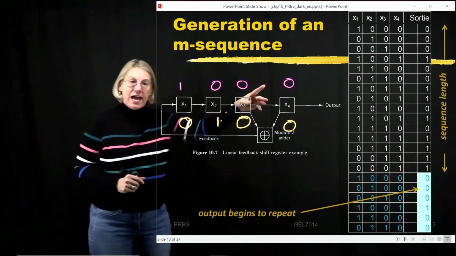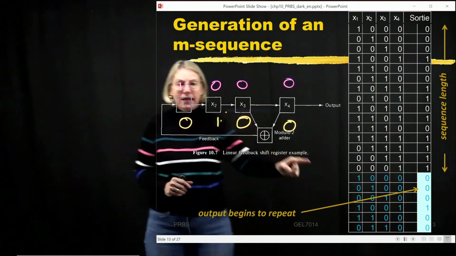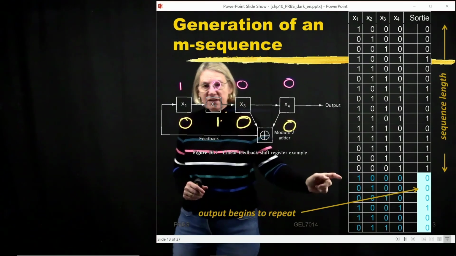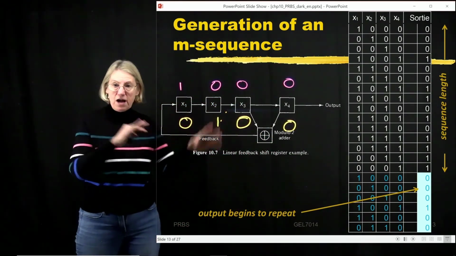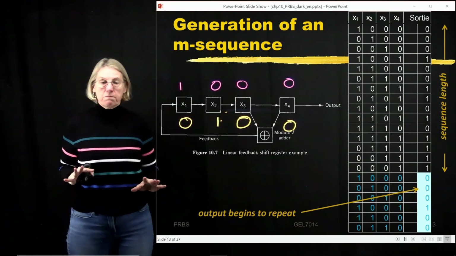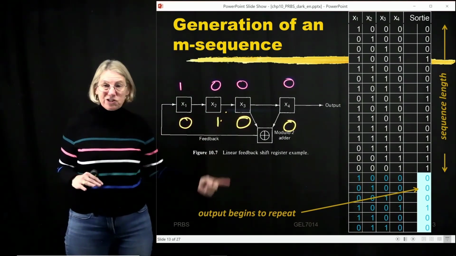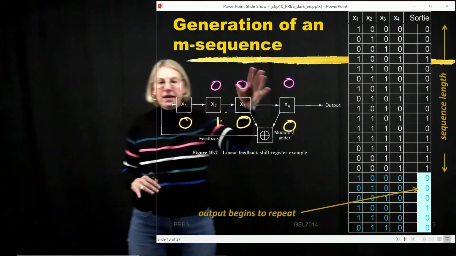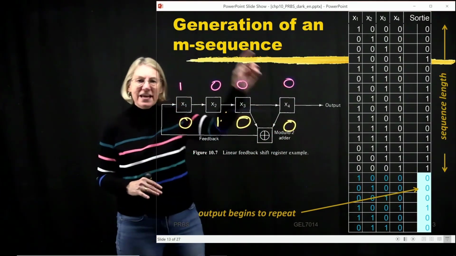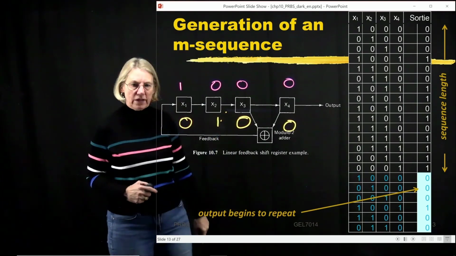In this case, it didn't start repeating until I got all the way down to the initial state. You could look at some other shift register combinations, and it might start repeating at a much shorter length. So this mapping was chosen because it generates one of the maximal length ones.